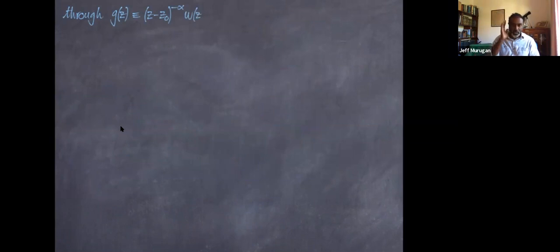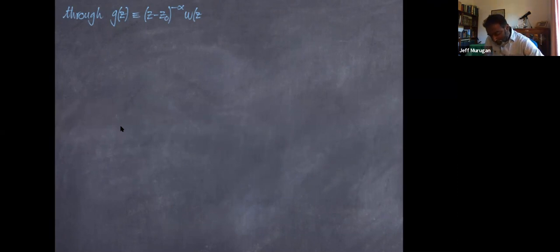So it's not equal to, I define it to be this. So again, I've defined a complex number alpha such that e to the 2 pi i alpha is the constant. And I've defined a new function G of Z, which is equal to (Z minus Z naught) to the minus alpha times W of Z, the unique solution of my differential equation.